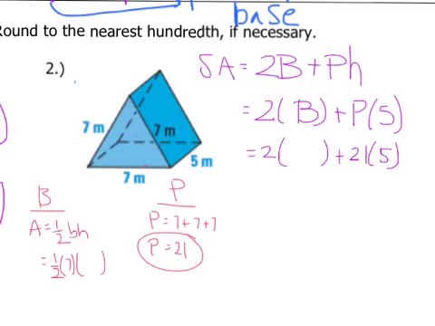The height of that triangle, we have to draw that height straight down. That does make a 30, 60, 90. So if this is a 30, 60, 90 right here, I know that if the hypotenuse is 7, that short leg will be 3.5, but what we really are needing is the height, which is the long leg.